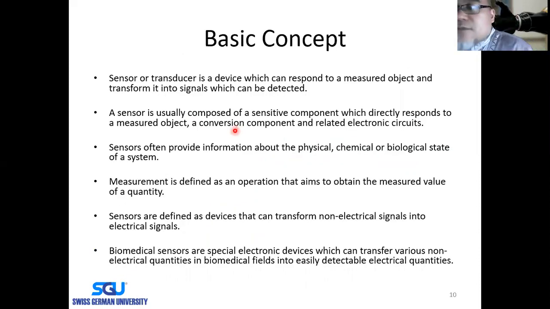So these are some basic concepts. The sensor or transducer here is a device which can respond to a measured object and transform it into a signal which can be detected. In this case, most of the time, it will be an electronic signal. Then the electronic signal can be processed further.